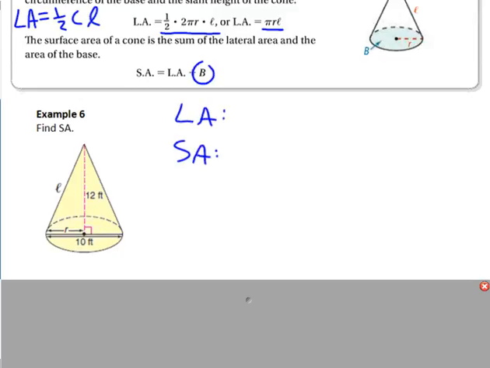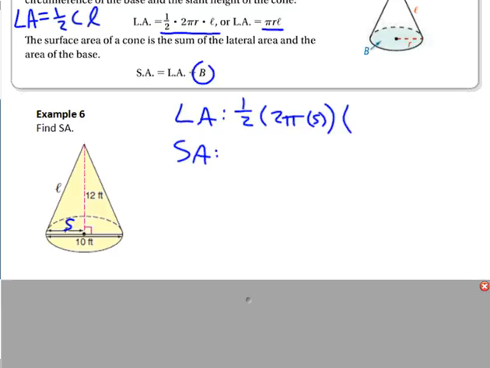So the lateral area of this, you find using 1/2 times 2 pi times the radius of that circle, which would be 5, because we're given the whole diameter. Times 5, and then multiply that by the slant height, which we're given, or are we not given?